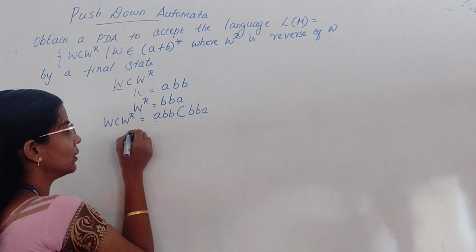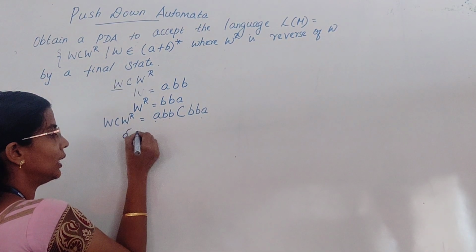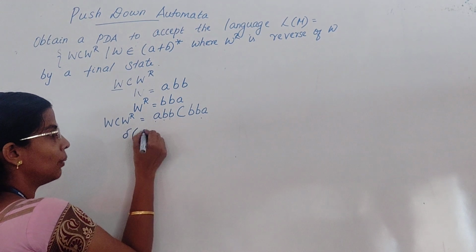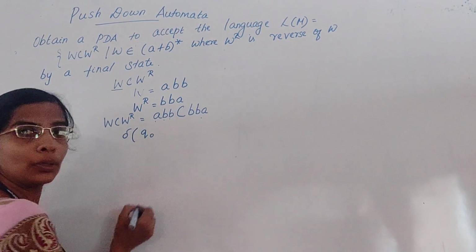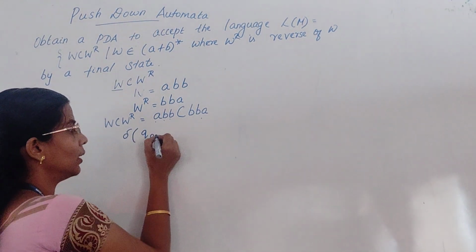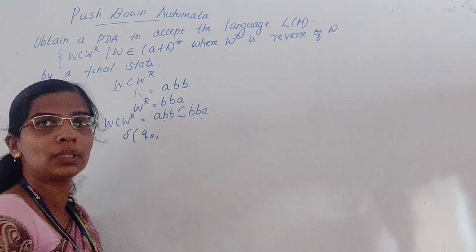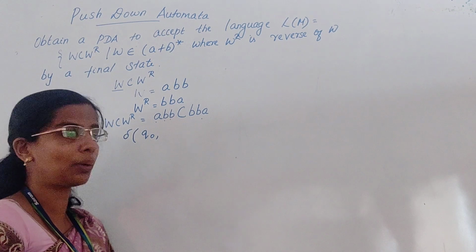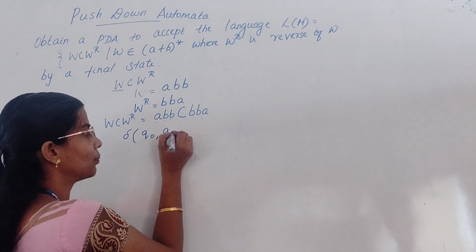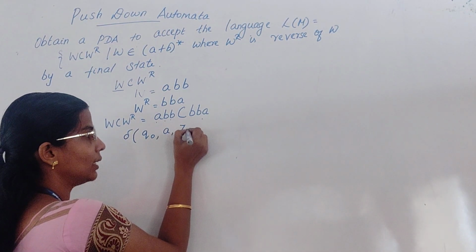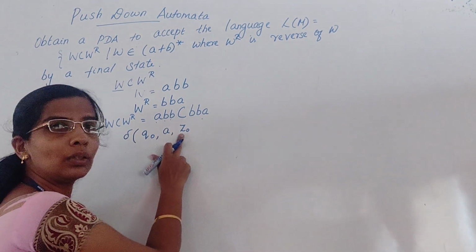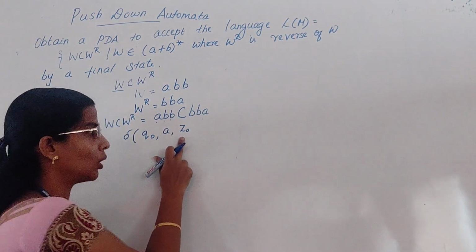So how to start this? Delta of transition. My initial state will be Q0, and as I told, my first input symbol can be either A or B. First I will write for A, and the stack is empty. Notation for stack empty is Z0.